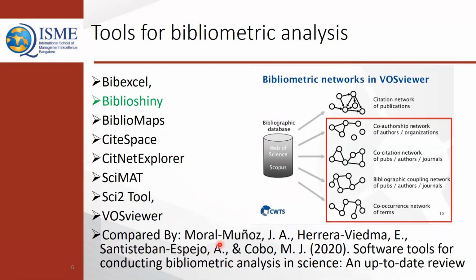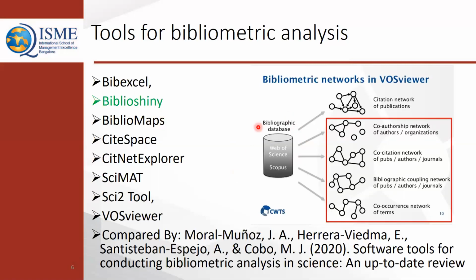They have been compared by Moral-Muñoz in their article of 2020, Software Tools for Conducting Bibliometric Analysis in Science. There is a consensus today that BiblioShiny, which has just come in 2017, is one of the most comprehensive and easy to use tools.